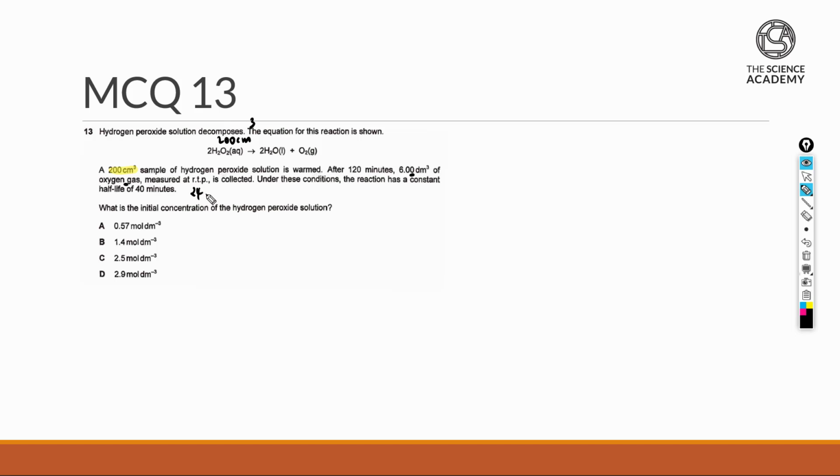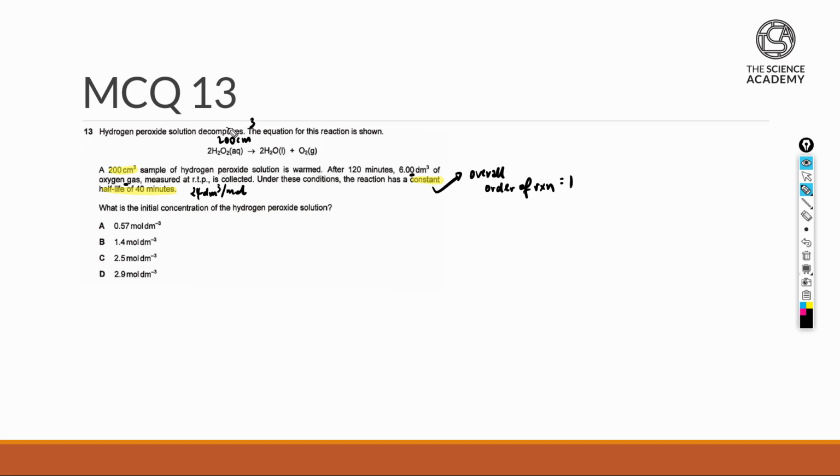So that's going to be 24 dm cube per mole of gases. And the condition to understand is that we are having a reaction with a constant half-life of 40 minutes. In order for us to have a constant half-life, we can either take a look at the slow step, which is not given in this equation, we can determine it experimentally, or it is with the assumption that the overall order of reaction is equal to 1.